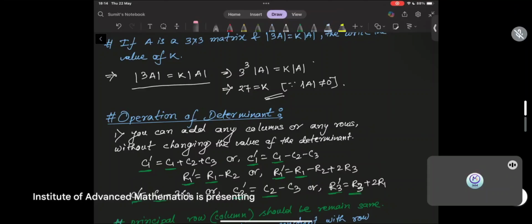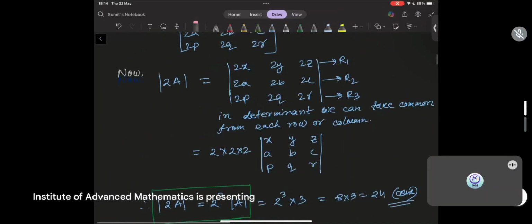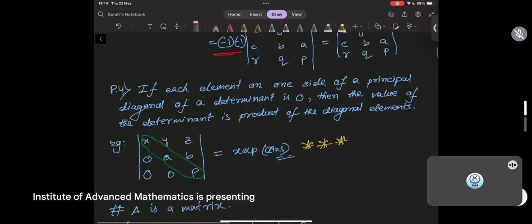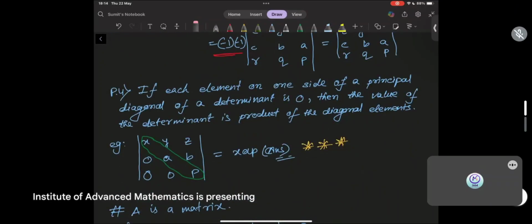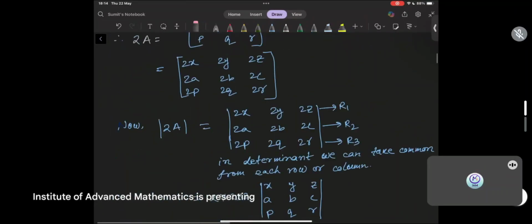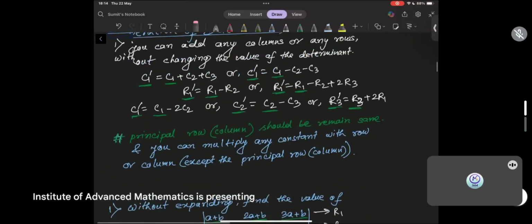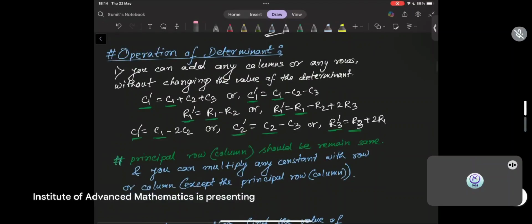Previously I told you that to use the property of the principal diagonal, property 4, we need to get the other side of the elements of the principal diagonal to be 0. So to make the elements 0, I have to give operations.